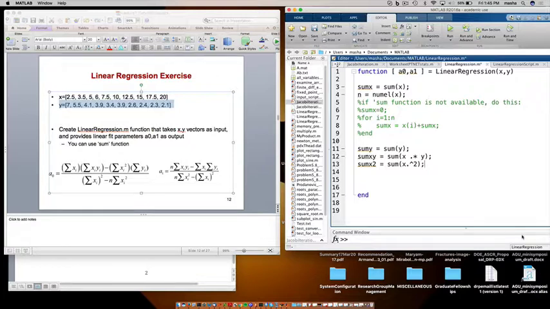Do we see this one? Or is this the same? Do I have everything I need? All of the sums?